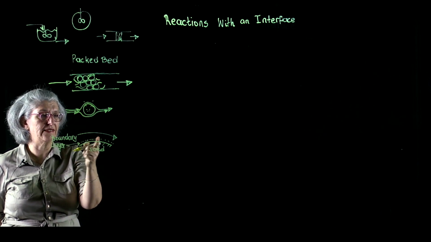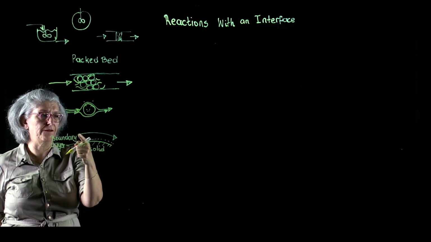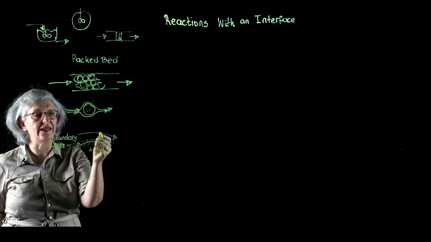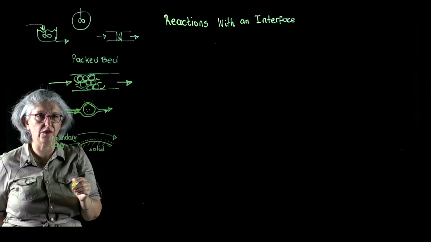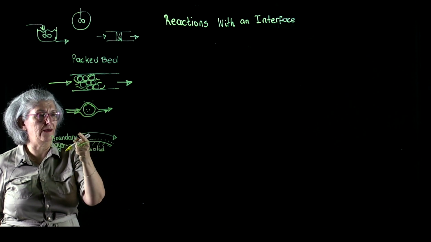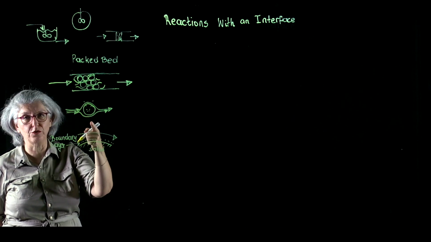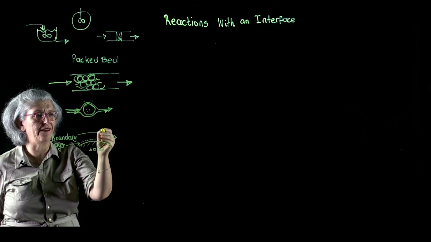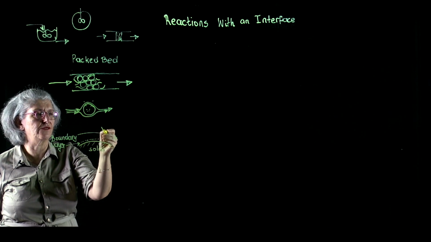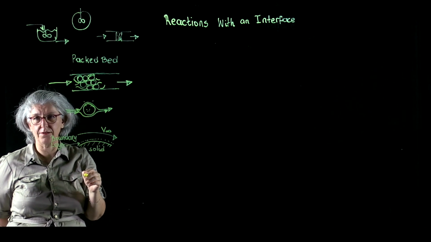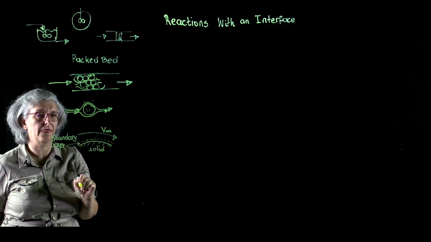So here we have a stagnant boundary, we have fluid flowing through it, and of course you can imagine that this fluid flowing infinitely far away from the solid boundary is going to have a velocity which we call v infinity, far, far, far away from our boundary, right?